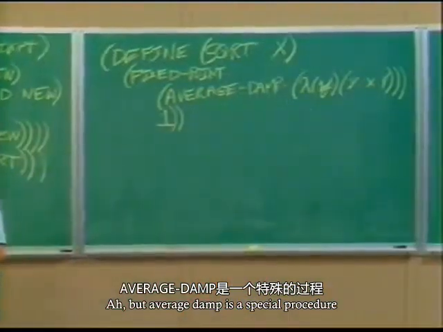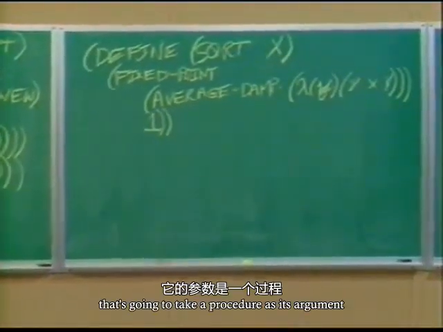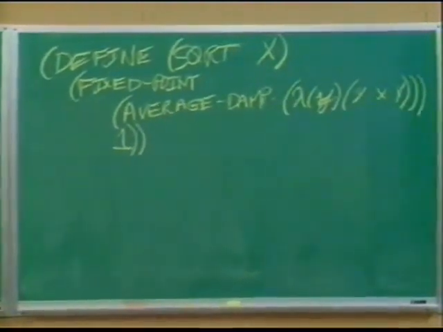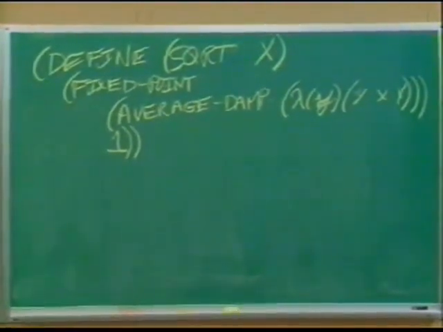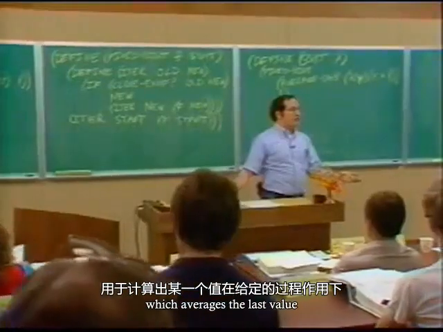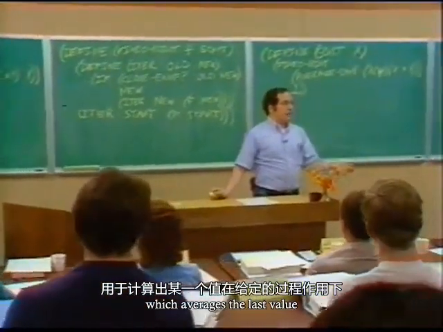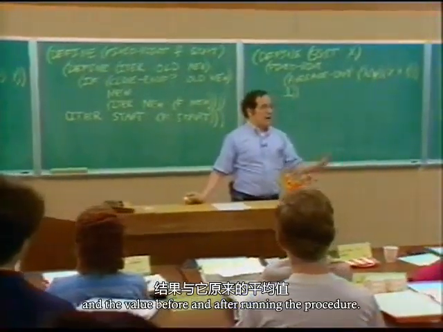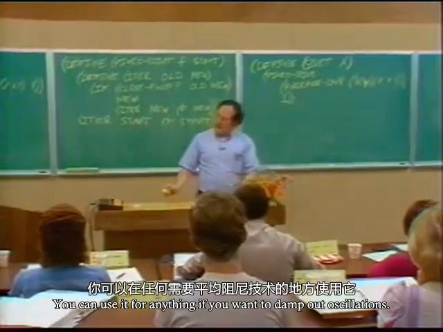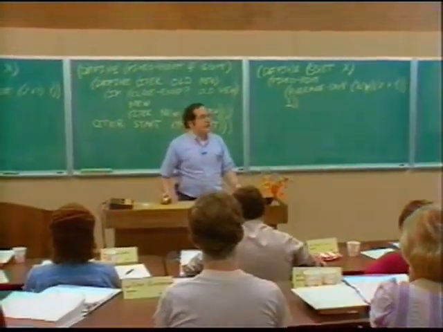But average damp is a special procedure that's going to take a procedure as its argument and return a procedure as its value. It's a generalization that says, given a procedure, it's the thing which produces a procedure which averages the last value and the value before and after running the procedure. You can use it for anything if you want to damp out oscillations.